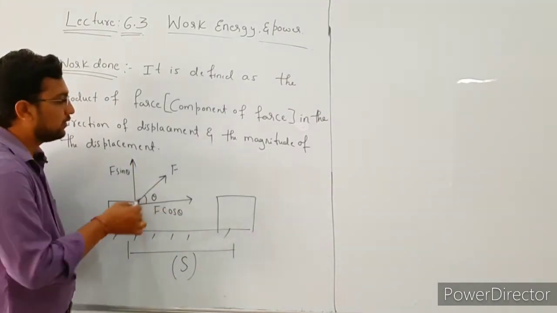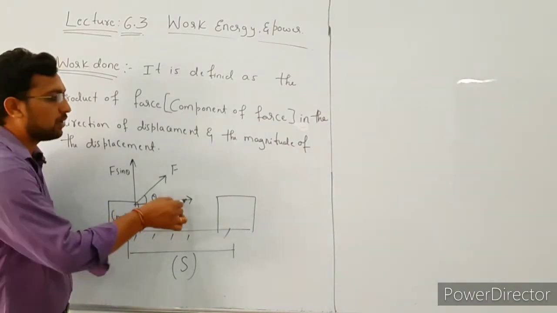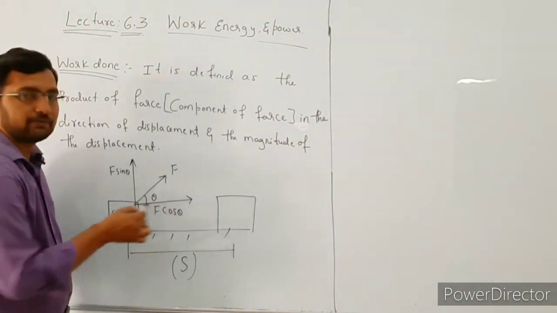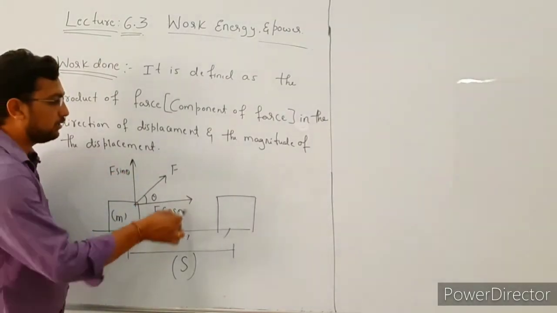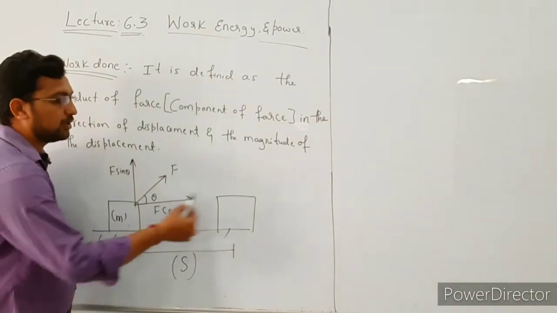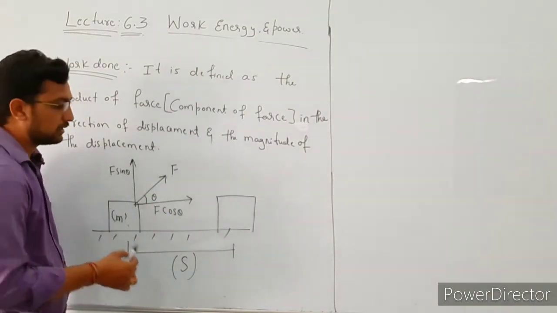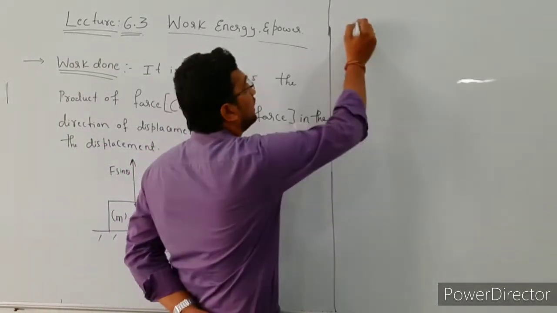This is our horizontal component, its value is F cos theta, and this value is F sin theta. Due to this force, the body displaces from this position to this position. It covers a distance S. Then we are going to find out the work done.